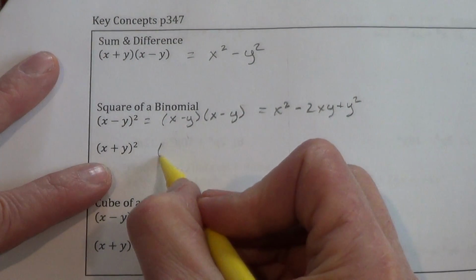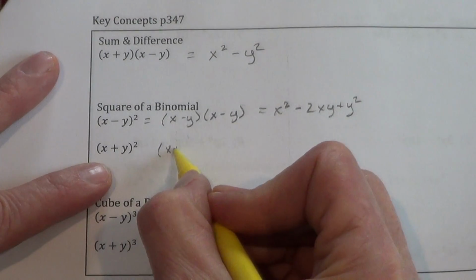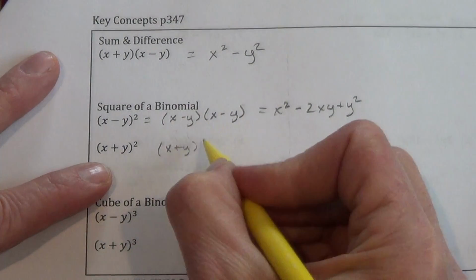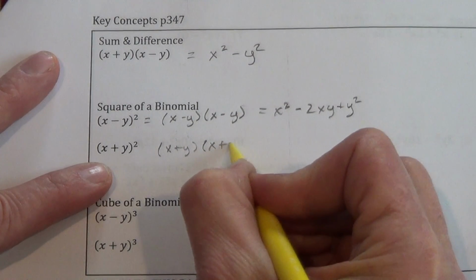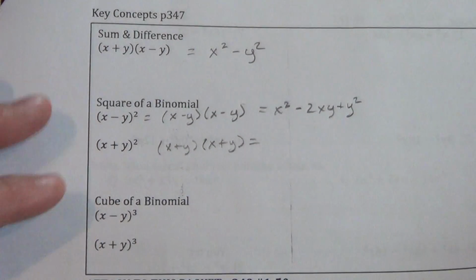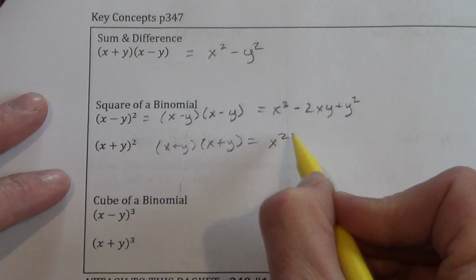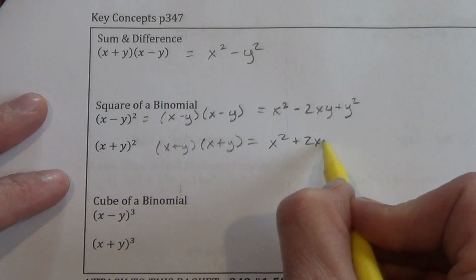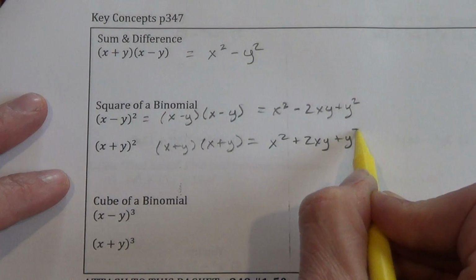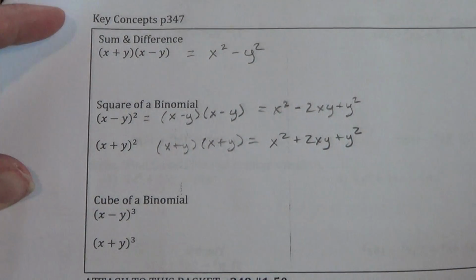On this next one, it's a square of a positive binomial, so it's x plus y, x plus y. It comes out exactly the same as the former one, except for that 2xy in the middle is positive 2xy. Okay, so those are the patterns.